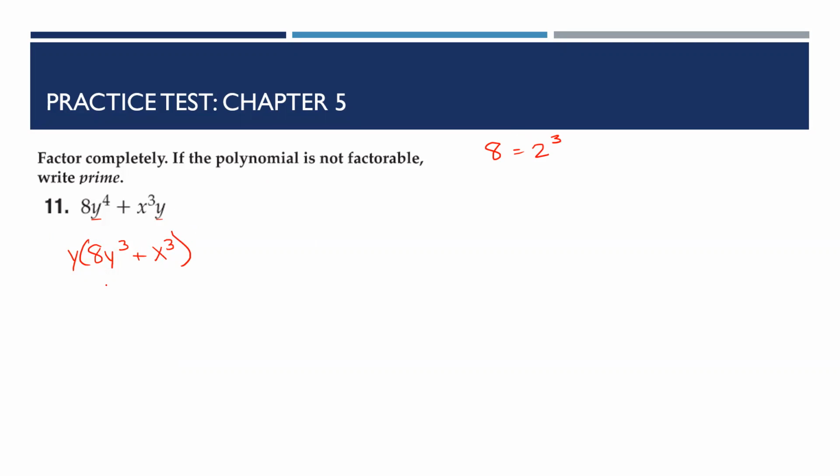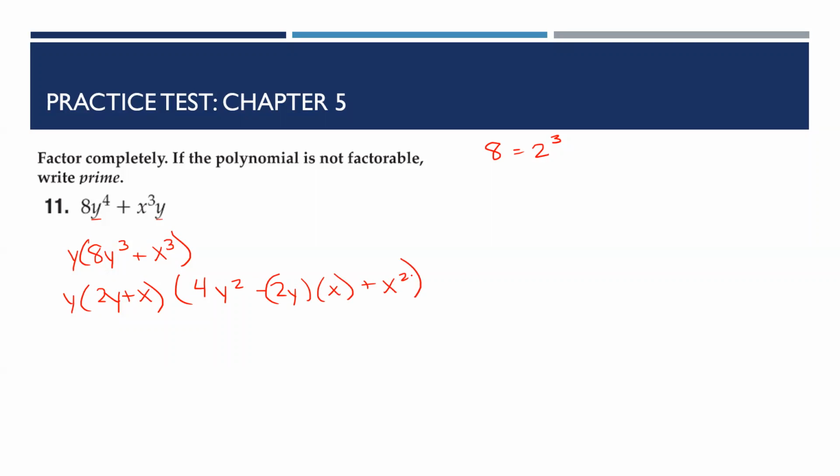So I can pull out 2y plus x, and then I'm left with 4y squared minus 2y times x plus x squared.